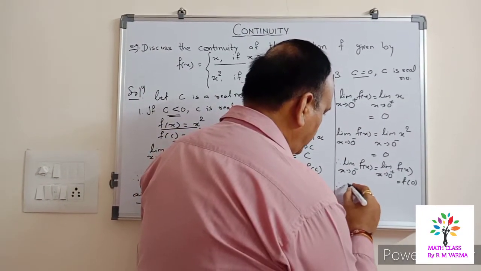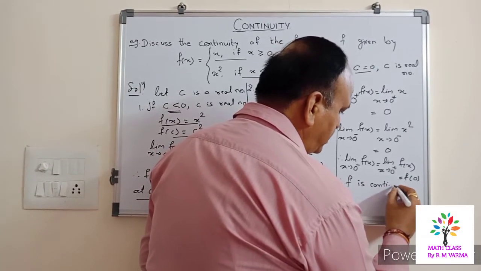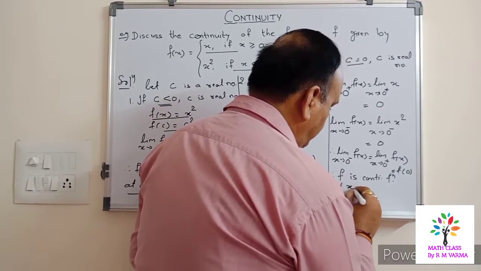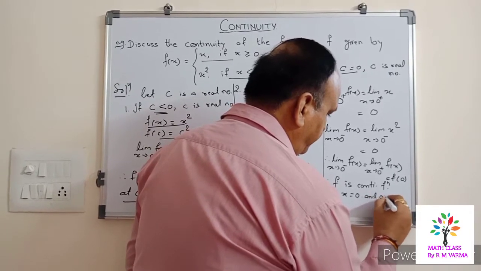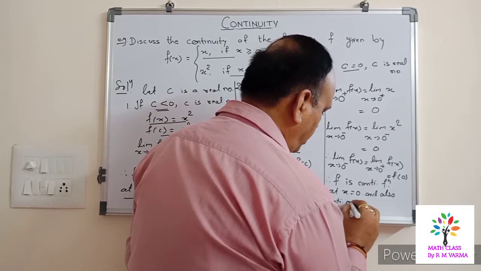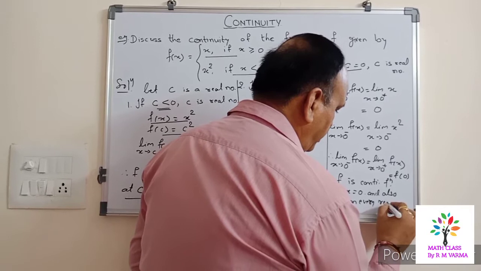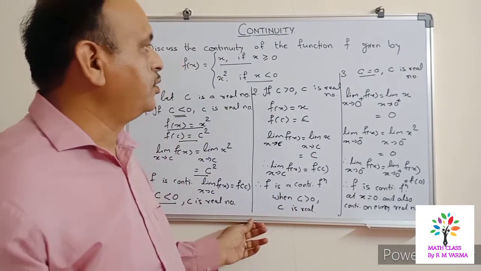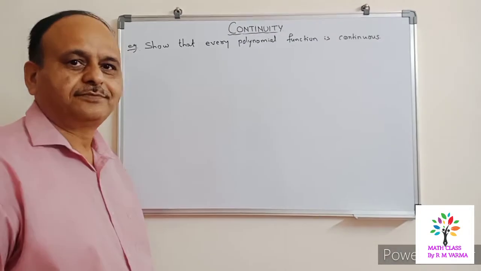So finally f is a continuous function at x equals 0 and also continuous on every real number. So this entire function is continuous at all the given points of real numbers.